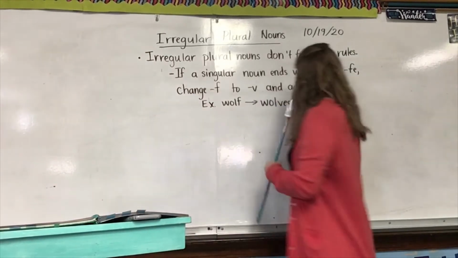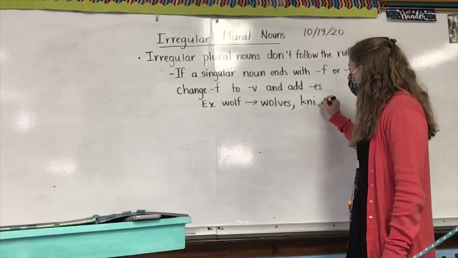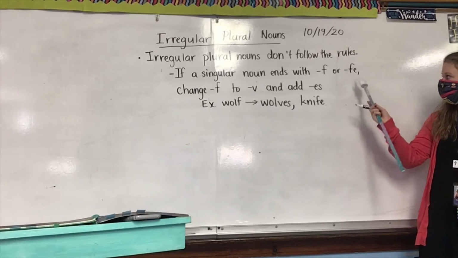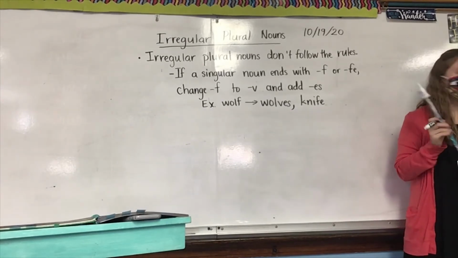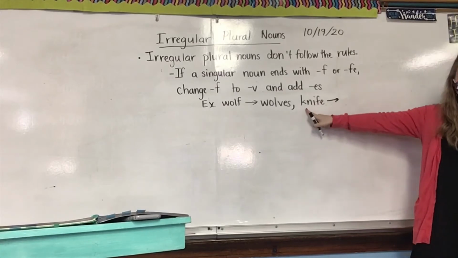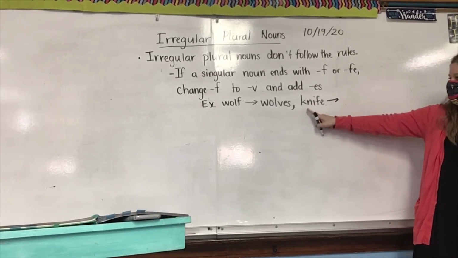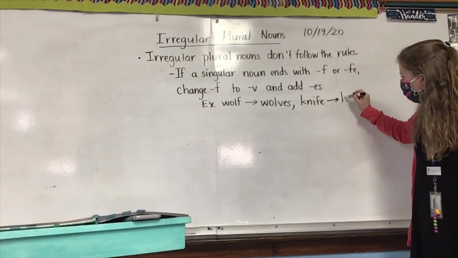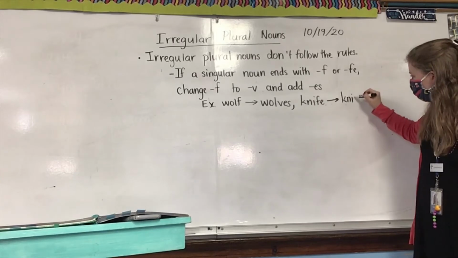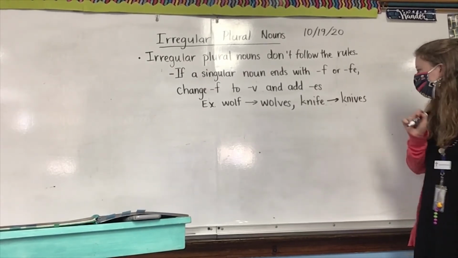I'll give you one more example. The word knife ends with FE. So again, to make it plural, if instead of saying there is one knife in the kitchen drawer, we would write K-N-I exactly as it appears, change that F to a V, and then add ES.